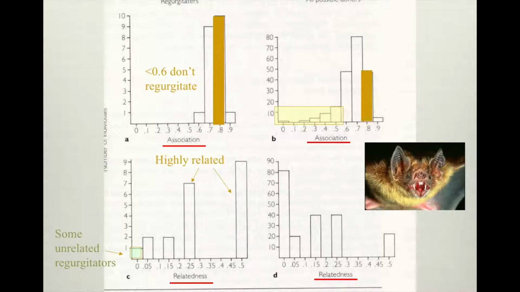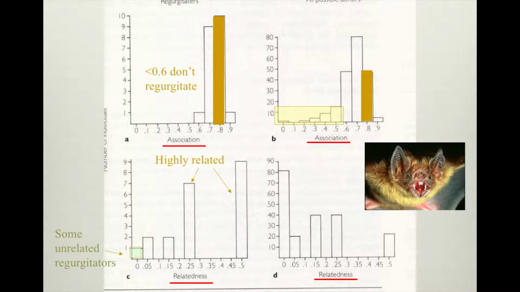And so this is where that second rule of thumb, based on the degree of relatedness, comes in. It is very likely that you will share blood with individuals who are related to you at the full sibling or parent-offspring level, that is this 0.5 degree of relatedness.